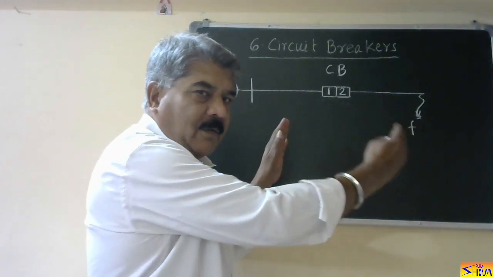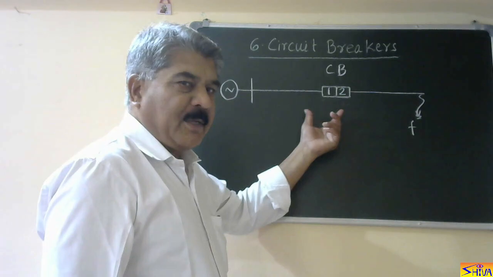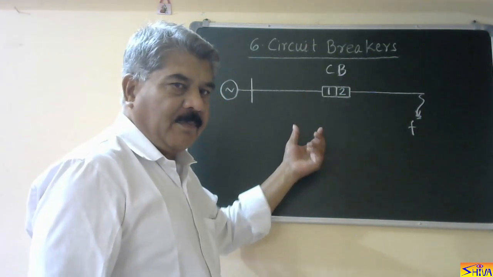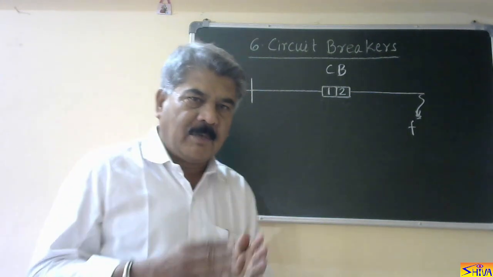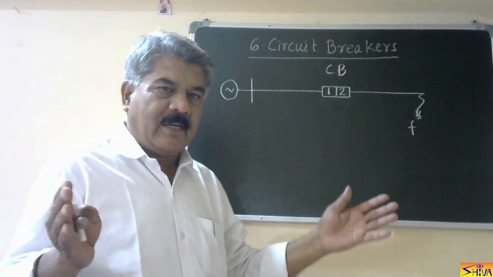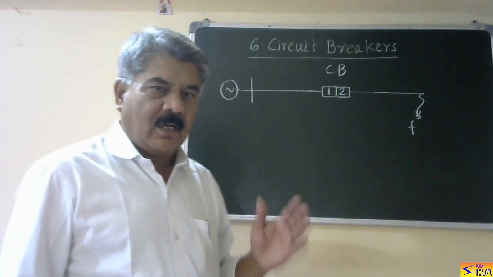So they separate, and final stage is, there will be some gap spacing between these two contacts, therefore current is interrupted. So these are nothing but two current carrying electrodes which are normally engaged but separate when their trip coil is energized, and trip coil is energized when relay operates.